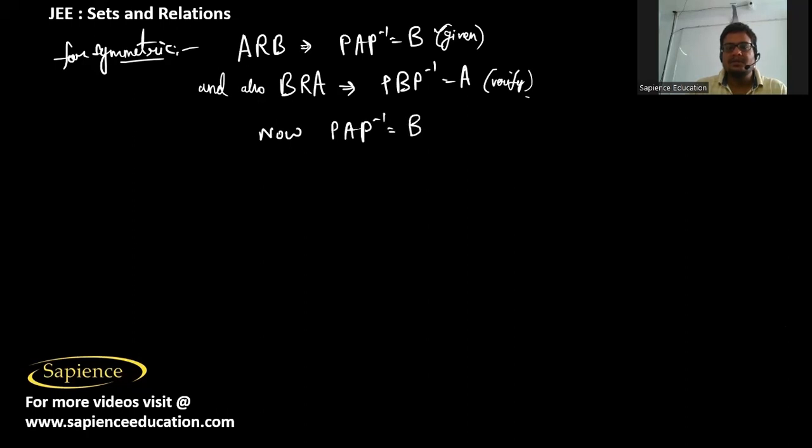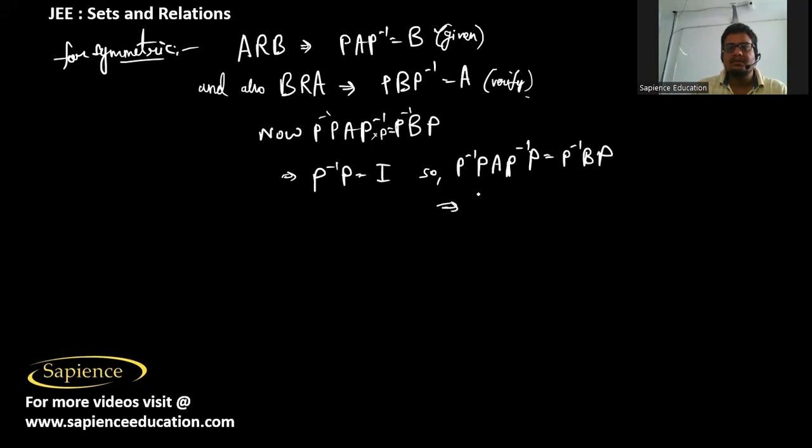It means if we pre-multiply this with P inverse and post multiply this with P, then we will get P on both sides, we will do the same thing. So P inverse of P will be equal to I. So P inverse of PAP inverse of P equals P inverse B into P, which means I, it means it is A only.